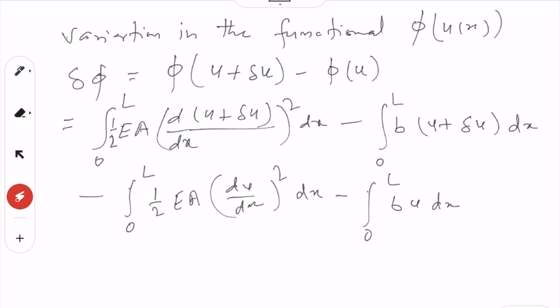Now, this delta u is nothing but zeta times w(x). So, in any way we want to expand that. If you expand that, these terms become du/dx plus zeta terms coming here. Let us spell it out on the next page.